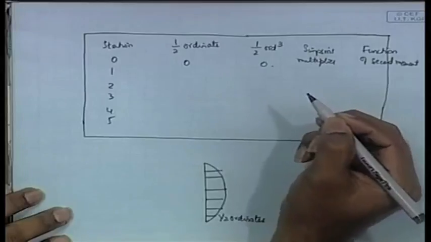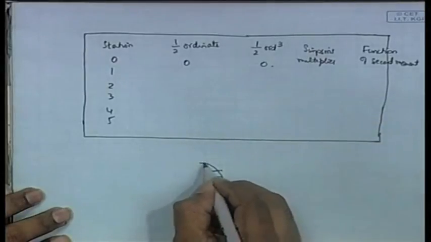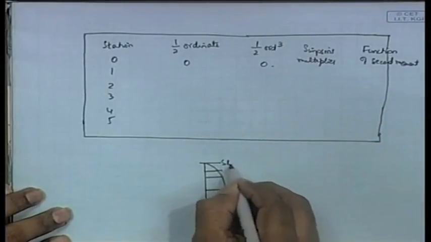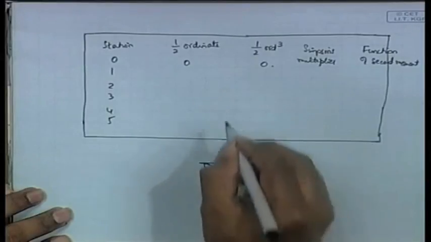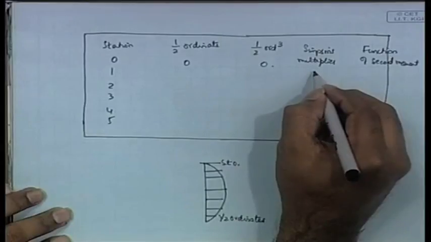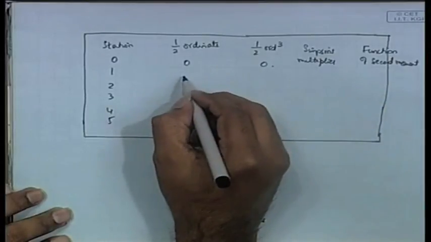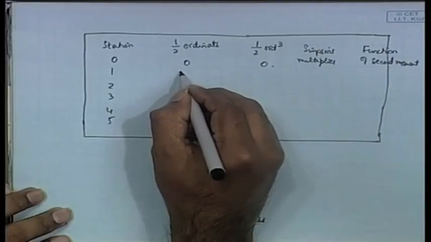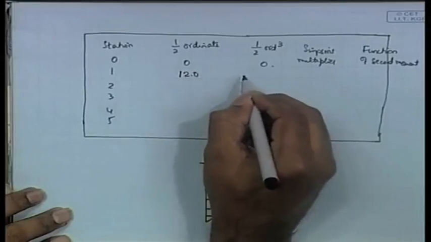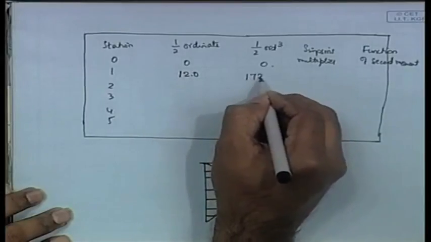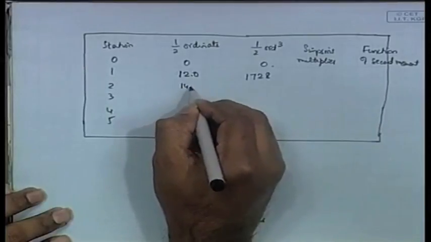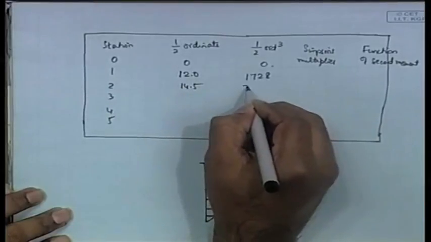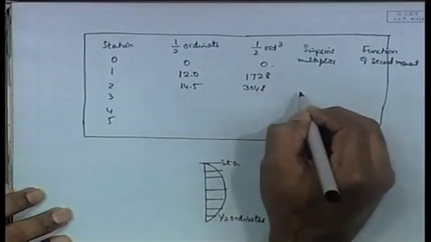So station 0 is the halfmost station they have taken this time. Station 0 has half ordinate 0, so 0, Simpson's multiplier, then this becomes, this is actually 12, half ordinate is 12, so for half ordinate cubed and 3, 14.5, 3048.